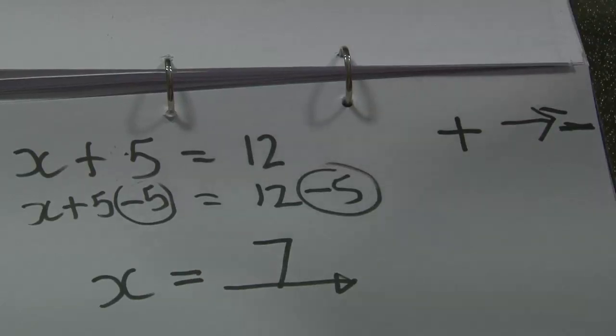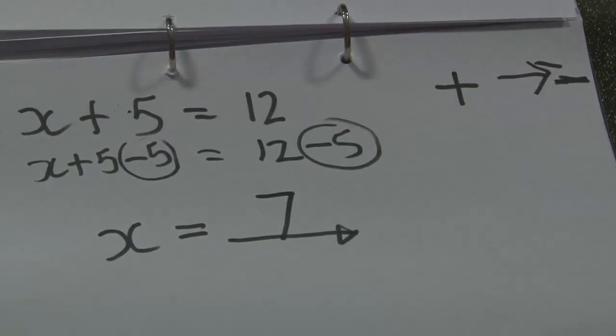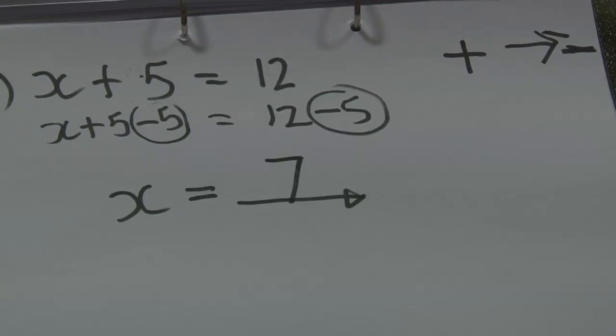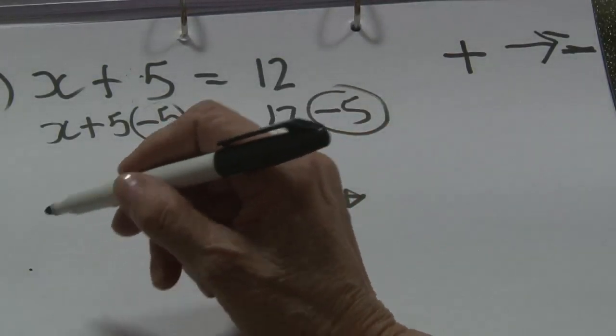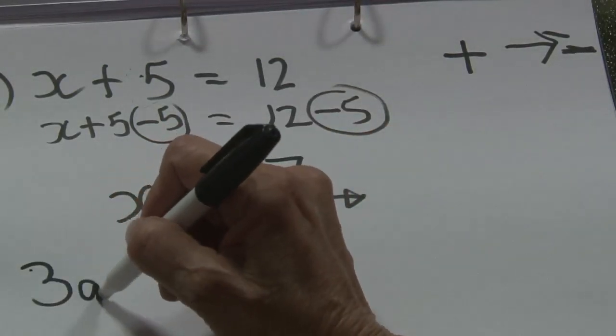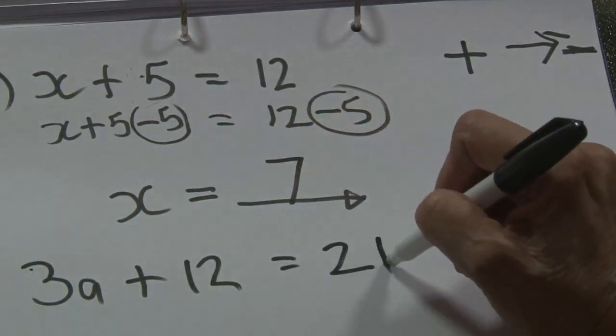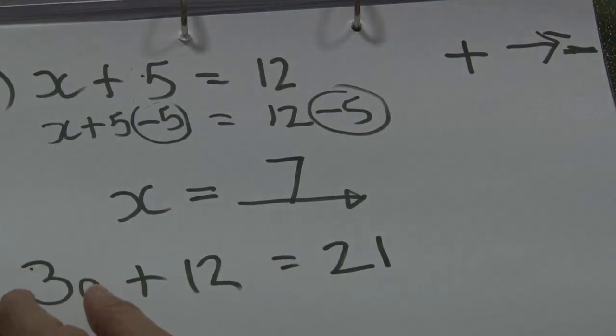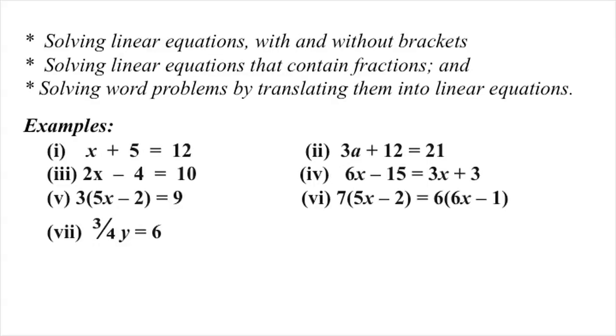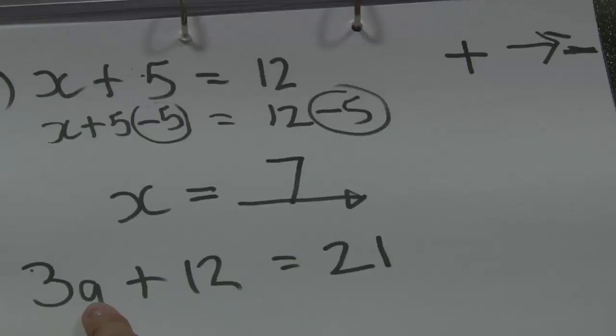Number 2, 3a plus 12 is 21. Now it's a little bit more complicated, but not difficult. 3a, if you carefully look at it, you will see the invisible multiplication sign.